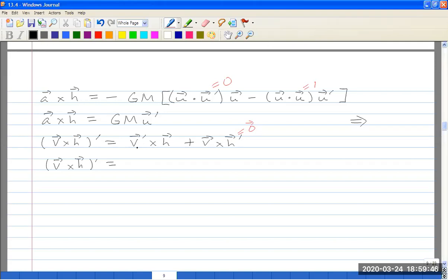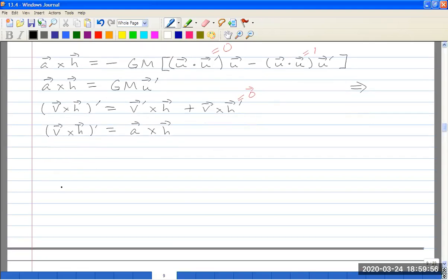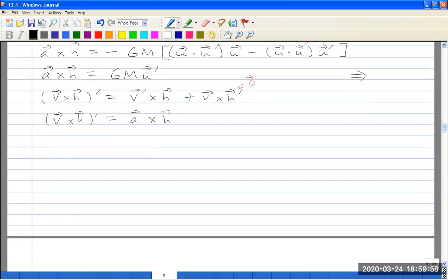And so V prime is just A cross H. And so V cross H prime is GM U prime.